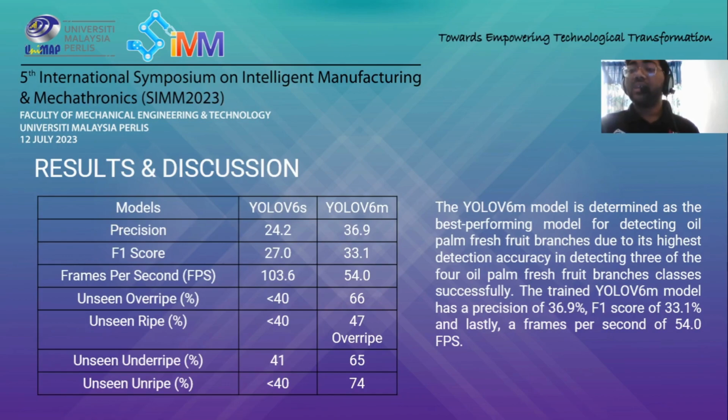The trained YOLOv6m model has a precision of 36.9%, F1 score of 33.1%, and lastly a frames per second of 54 FPS. Since the accuracies for the YOLOv6m model are better than that of the YOLOv6s model, we have chosen the YOLOv6m model as our best probable model for our cause.